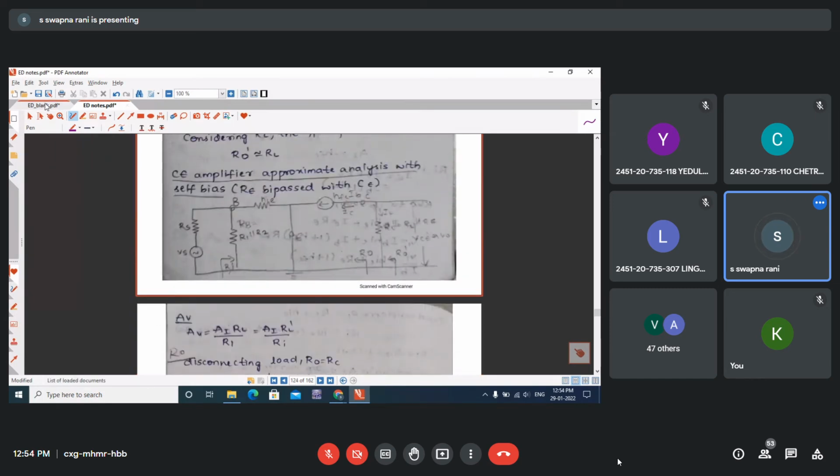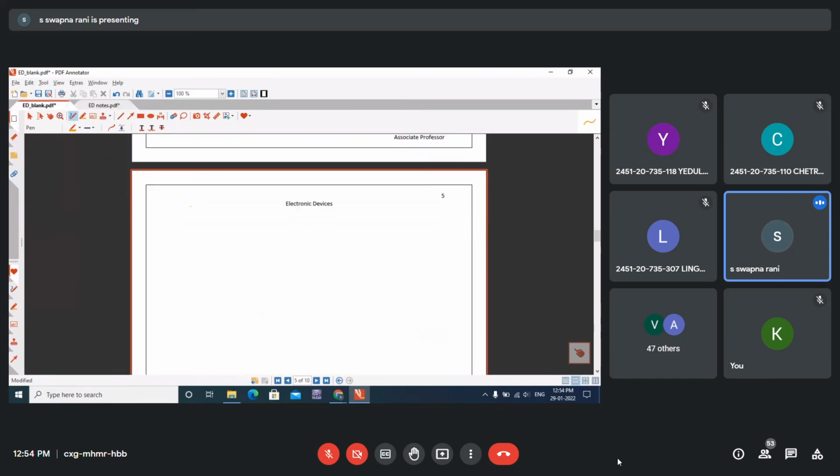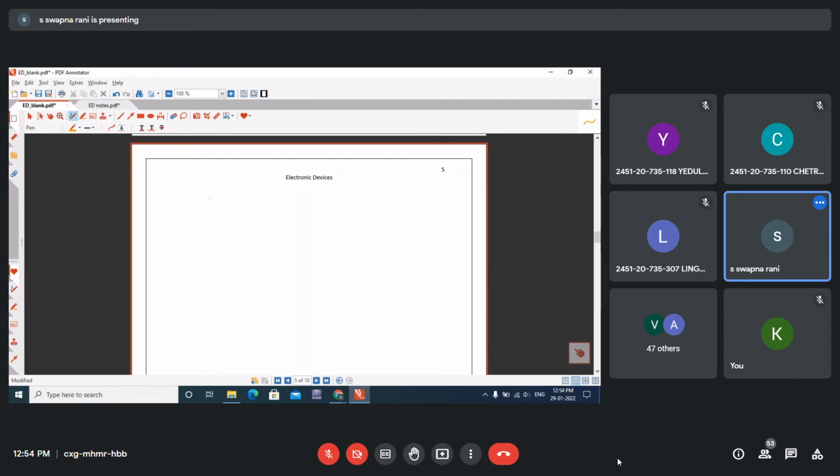So, now I'll draw the practical CE amplifier. Practical common emitter amplifier means it is by default the self bias only.